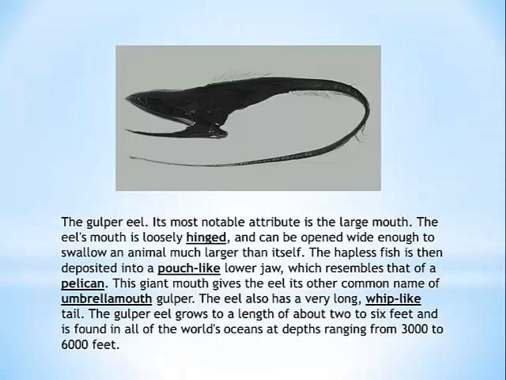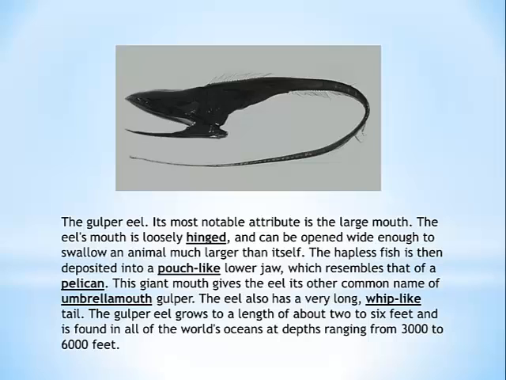Here's another example. I took this from Wikipedia. This is a description of the gulper eel. It's a deep sea fish. And the description says its most notable attribute is the large mouth. The eel's mouth is loosely hinged and can be opened wide enough to swallow an animal much larger than itself.